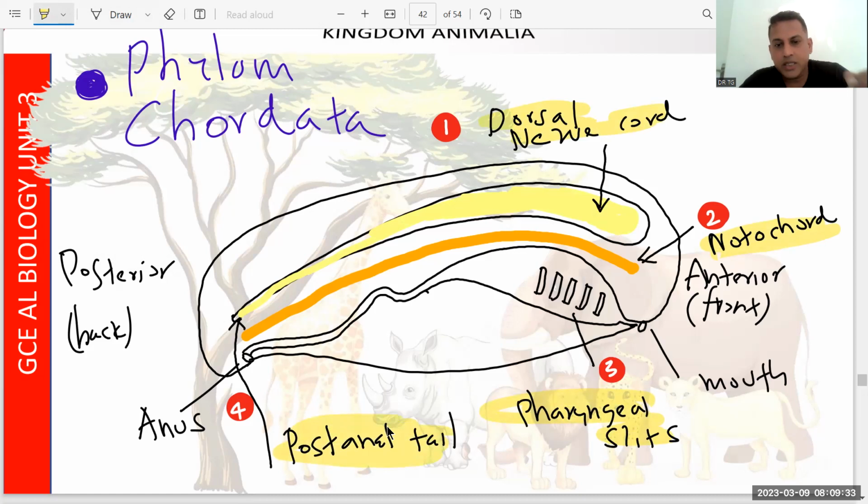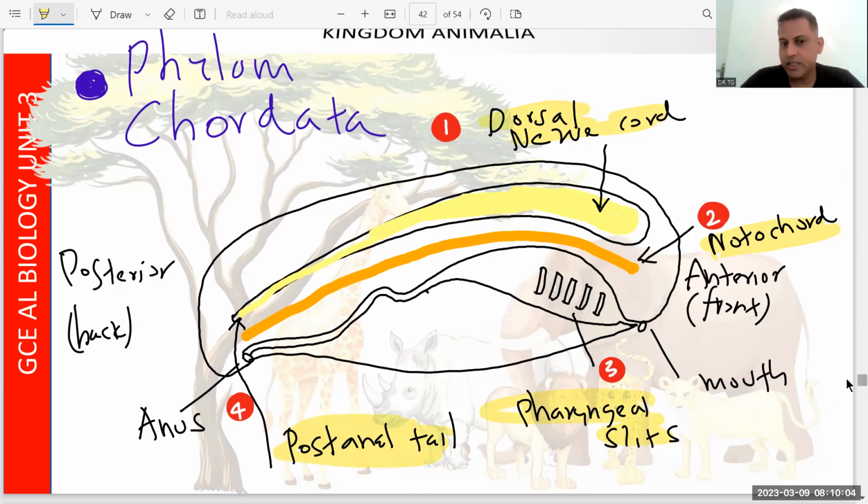If you draw a picture like this and you use colors, you can easily remember when you look at this picture many times. It is very easy to revise. It takes 1 minute to revise if you have this kind of picture. So these are the 4 features we can find in phylum Chordata.